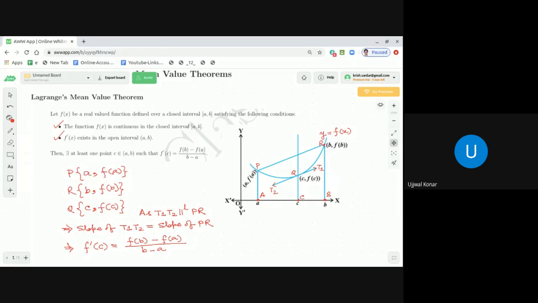The first condition is that the function f(x) is continuous in the closed interval [a, b]. The second condition is that f dash x exists in the open interval (a, b). If these two conditions are satisfied, then there exists at least one point c in between a and b such that f dash c is equal to f(b) minus f(a) by b minus a.